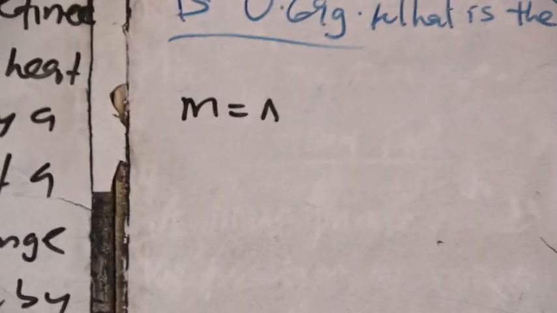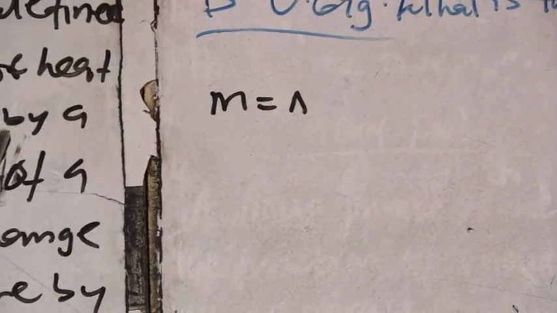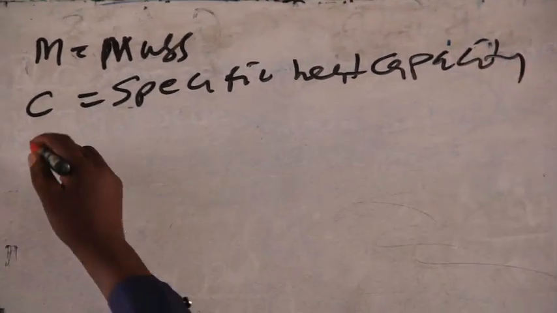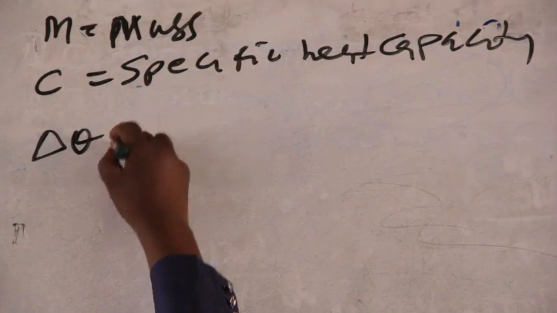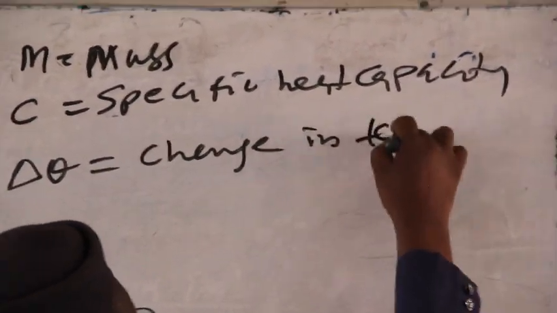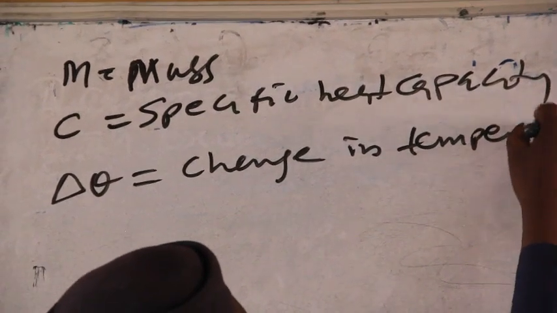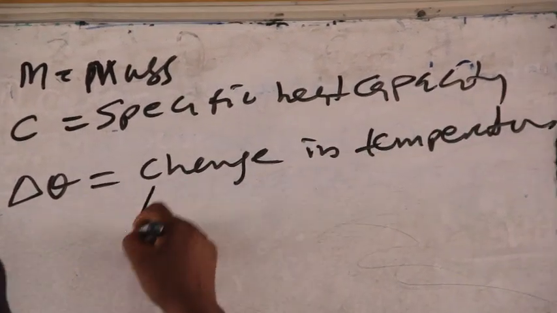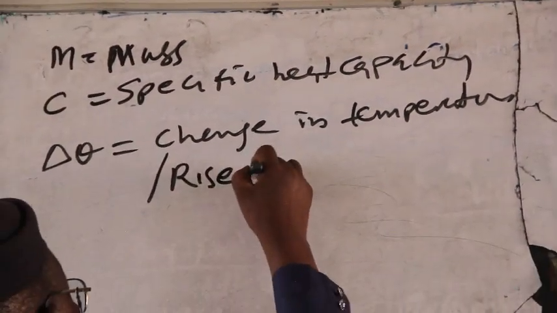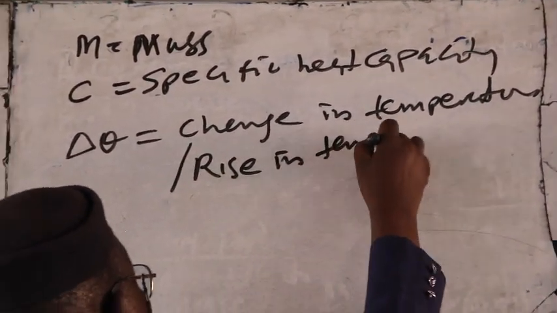Then, of course, delta theta is change in temperature, or, as said, you can also use rise in temperature.